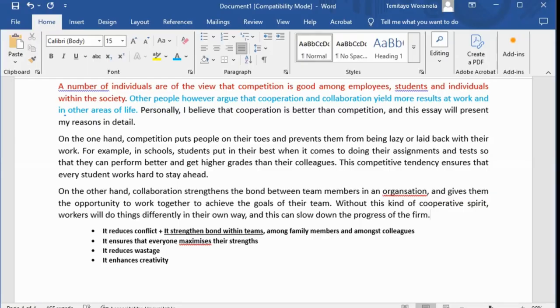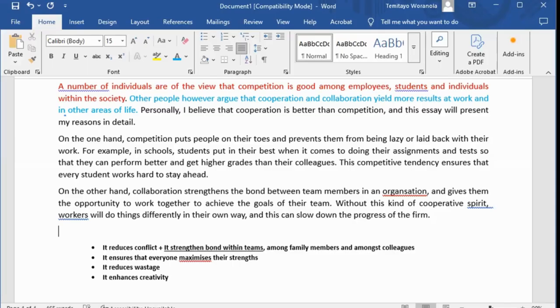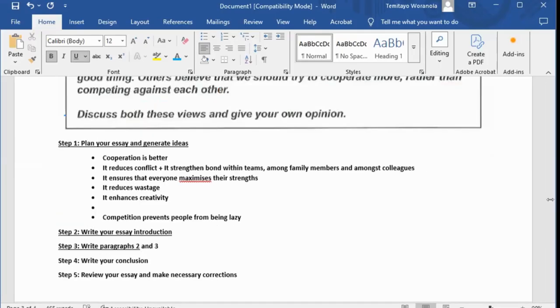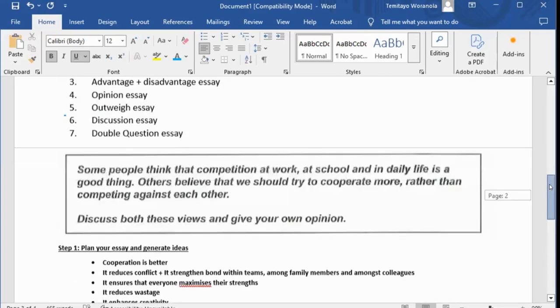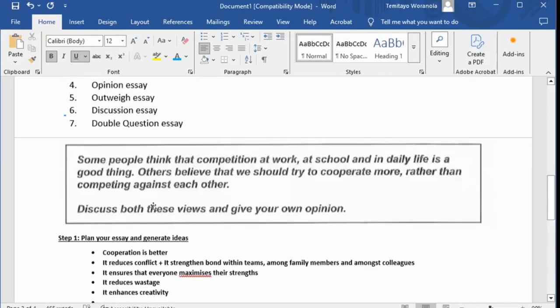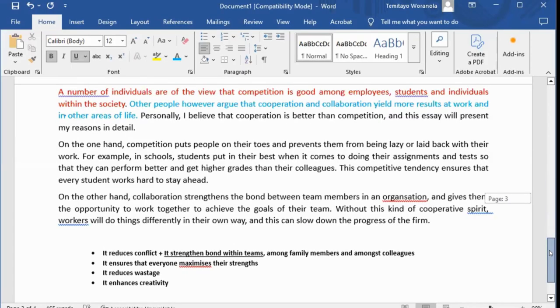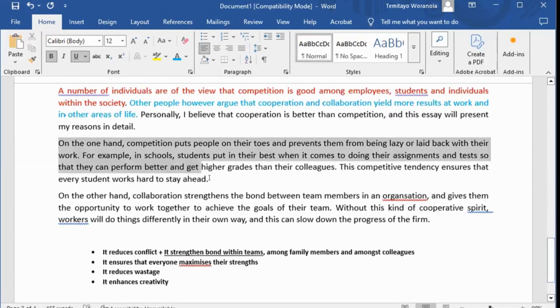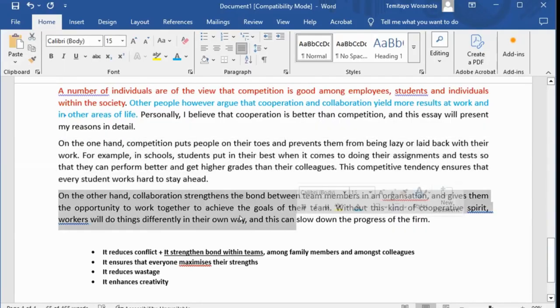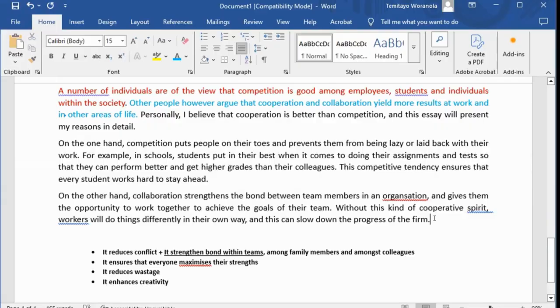Now, let me inject something here. Whenever you are writing a discussion essay, remember what they wrote at the beginning of the essay, in the essay question. Discuss both views. So I have discussed viewpoint 1. I've written it here. Now I'm discussing viewpoint 2. Somewhere inside this paragraph 3, where I'm discussing viewpoint 2, I must write a sentence that shows that this is my view.